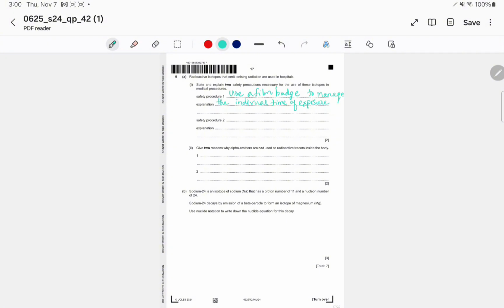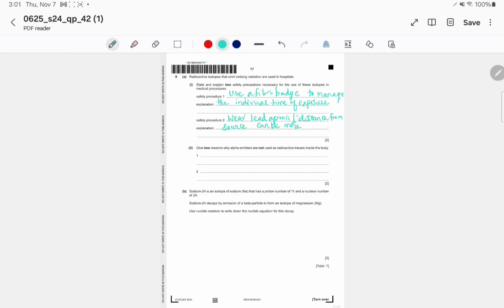And second thing, wear a lead apron. Another thing, the distance from the source can be more to reduce the intensity.